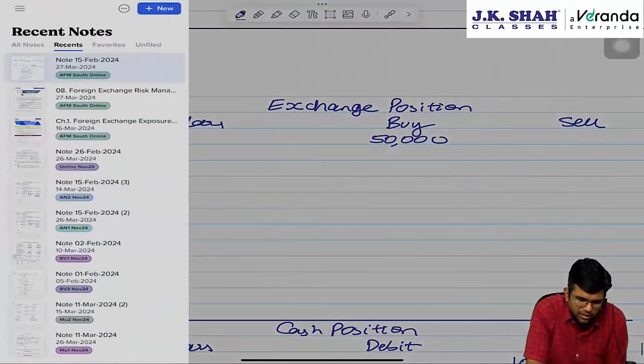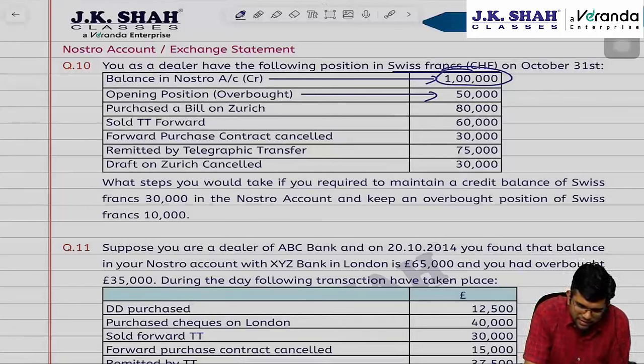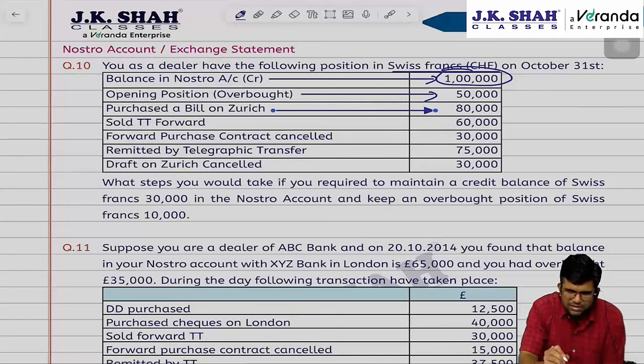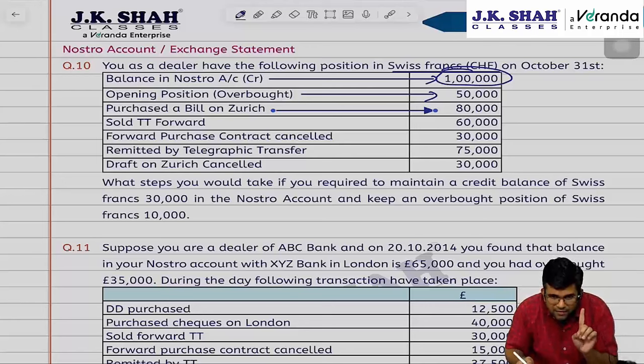Okay. Now take your time and let's read. Purchased a bill. Now students, purchased a bill can be interpreted as received a check. Bills of exchange, so it's like a check. You just received a check.